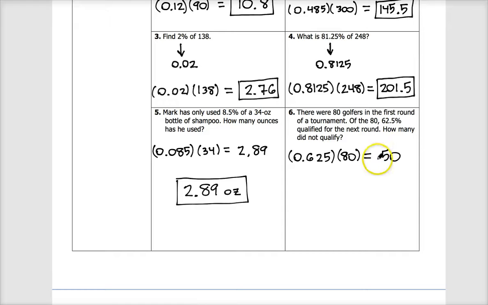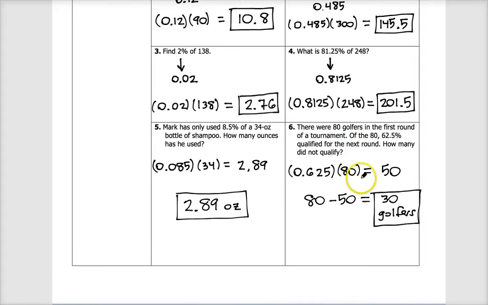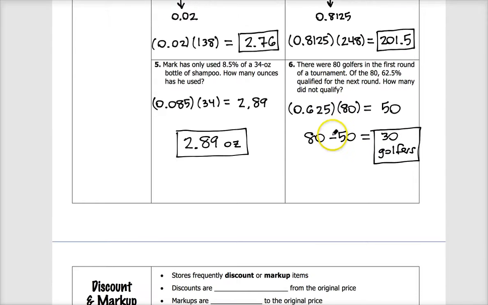So that means that 50 golfers qualified, so the number that did not qualify would be 80 minus 50, which is 30. So 30 golfers did not qualify for the next round. Okay, so those are a few problems just practicing that percent equation.